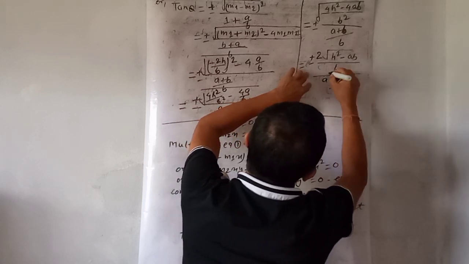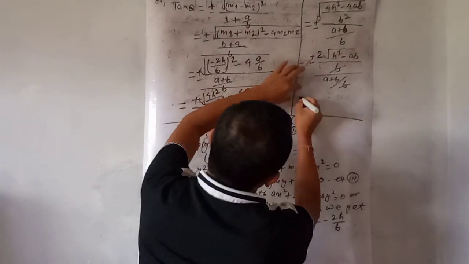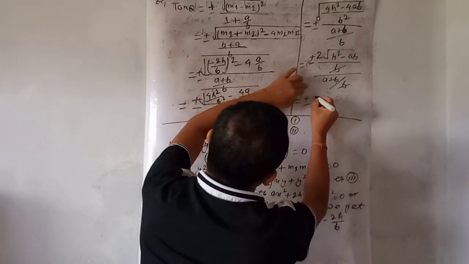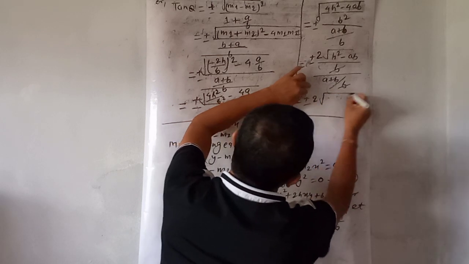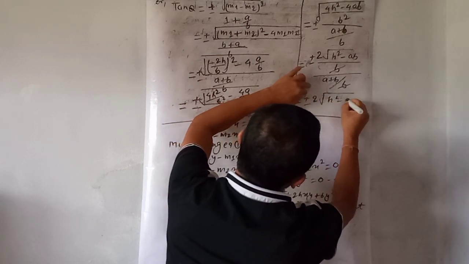Now this b and b will be cancelled, so the result is plus minus 2 root h square minus ab.